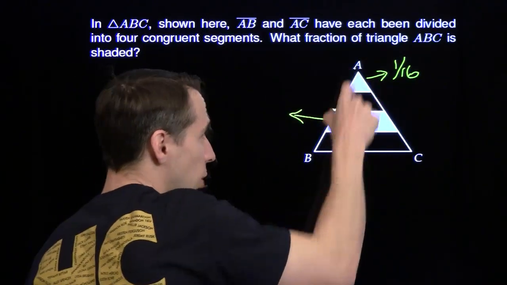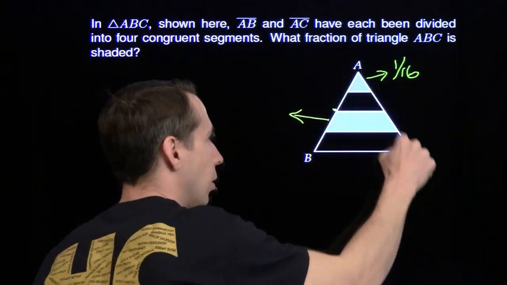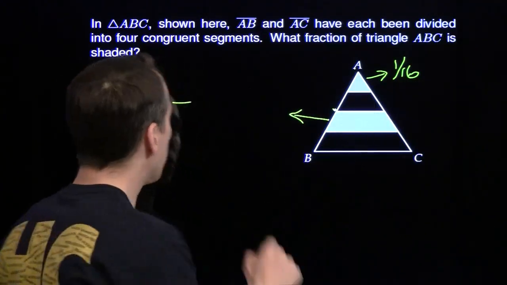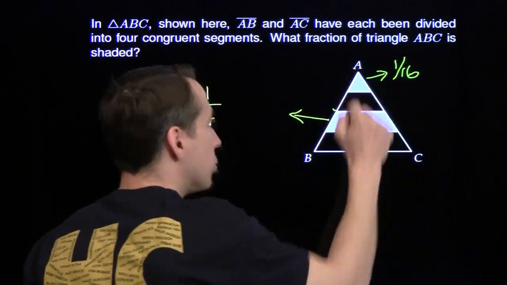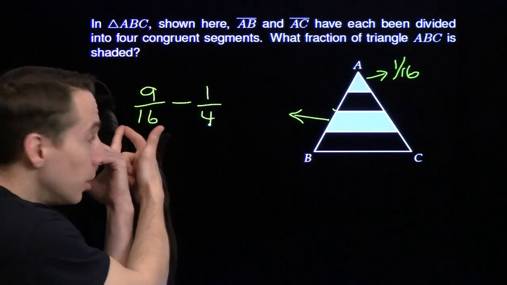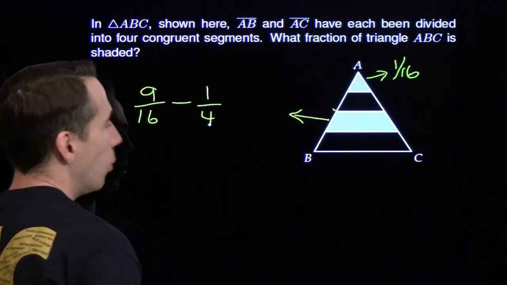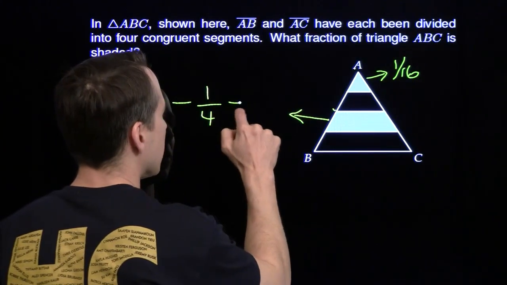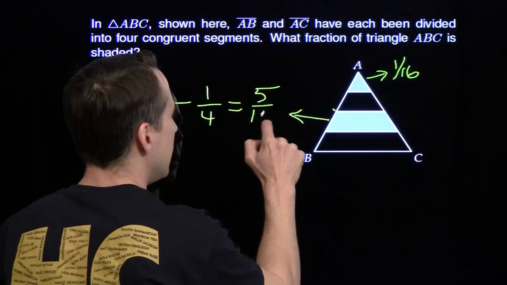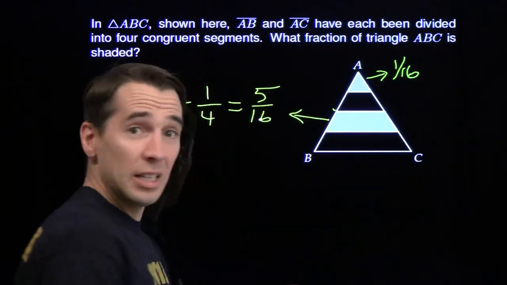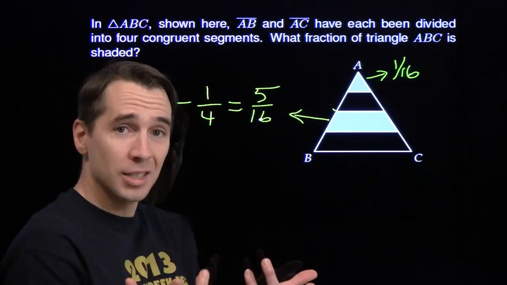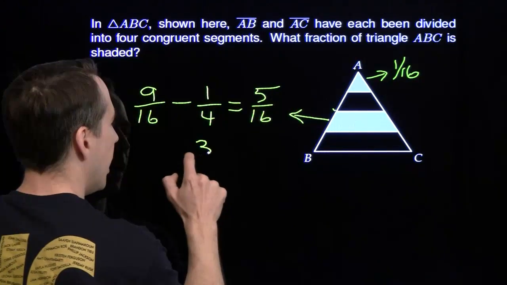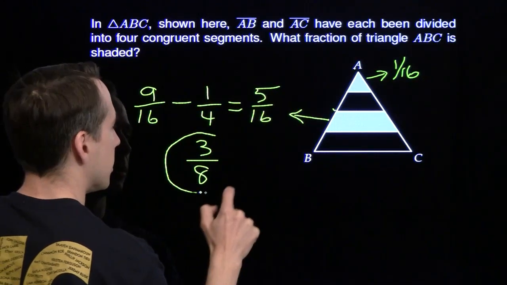The sides of this triangle are half the sides of the large triangle, so its area is 1/4 the area of the whole big triangle. So we just subtract: 9/16 minus 1/4. Well, 1/4 is 4/16. That gives us 5/16. So we take the 5/16 of the whole triangle that's here, add it to the 1/16 of the triangle up there. That gives us 6/16. Simplify that, and we get 3/8.